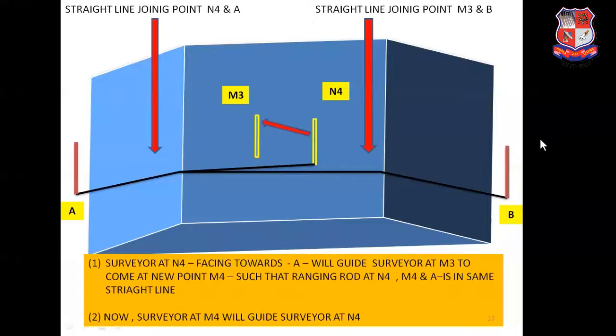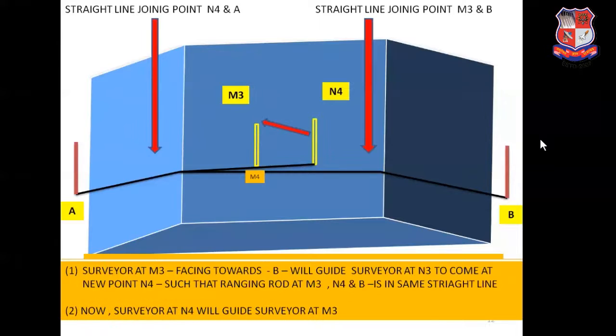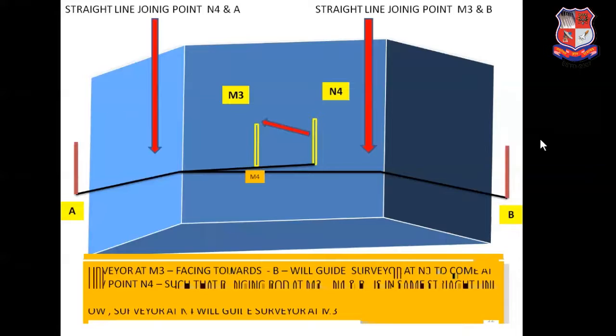Surveyor N4, facing towards A, will guide the surveyor at M3 to come to a new point M4 such that the ranging rods at N4, M4 and A come in the same straight line. Now again the surveyor at M4 will guide the surveyor at N4.